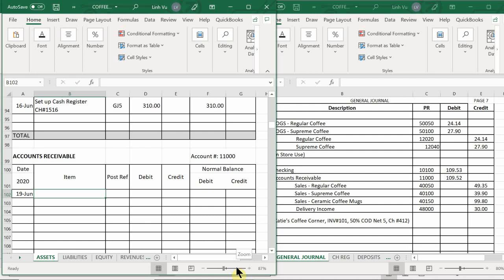Why would a check be a part of accounts receivable? Accounts receivable is what they owe you. How do we know how much they owe me? On the invoice, right? Invoice number 101. Okay, so post reference General Journal 7, since we're on the new page. How much do they owe me? 109.52. So therefore, that's my beginning balance. So that's how much they owe me.